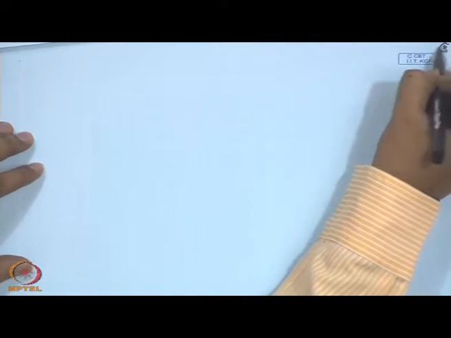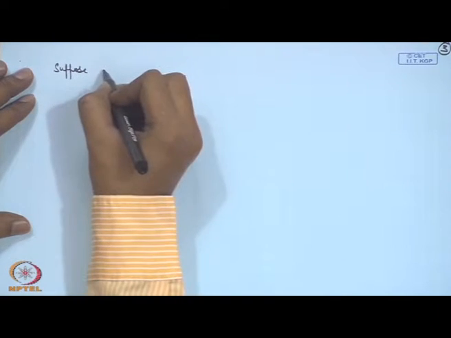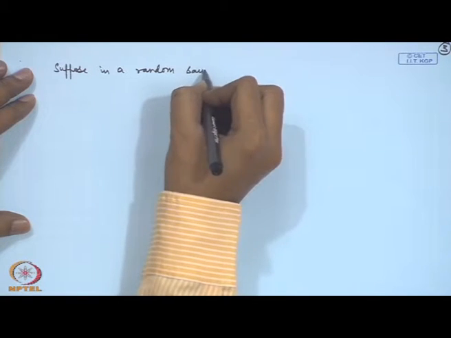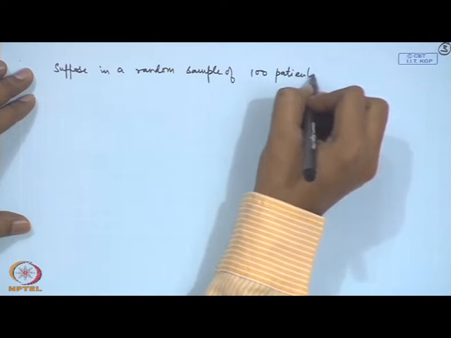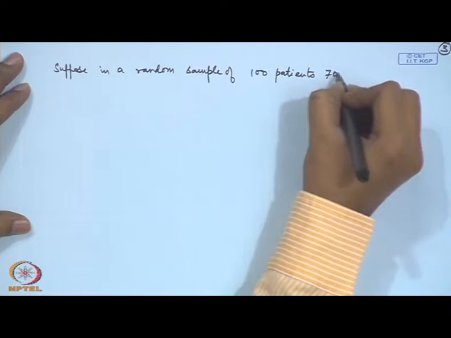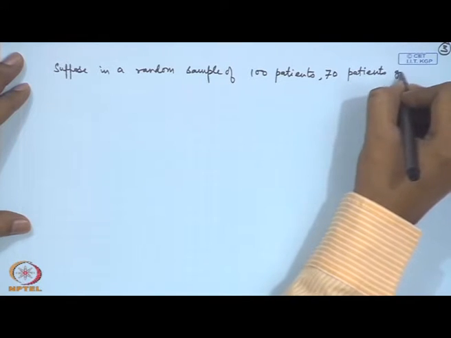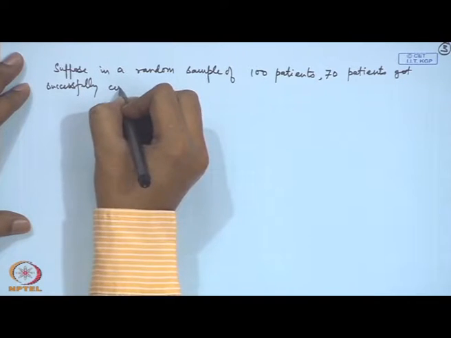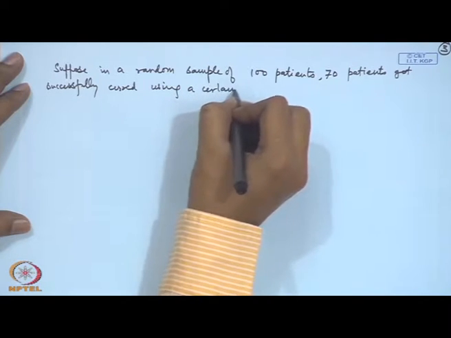Let me give a simple example. Suppose in a random sample of 100 patients, 70 patients got successfully cured using a certain drug.